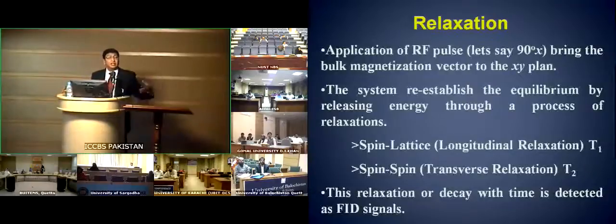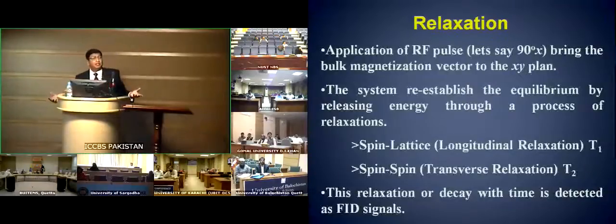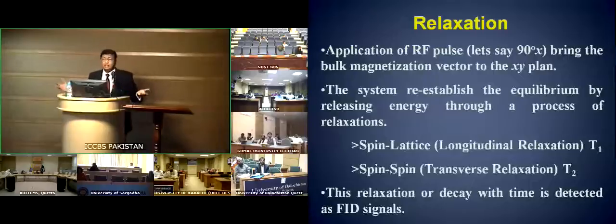Now, you see, this technique becomes extremely insensitive by virtue of many things. Number one, the Boltzmann distribution excess is so little with which you are playing. Number two, not all the energy is actually recorded, and it relaxes in multiple ways.